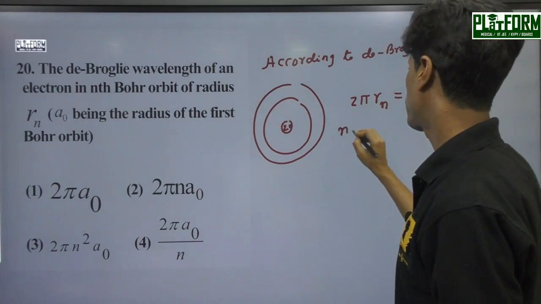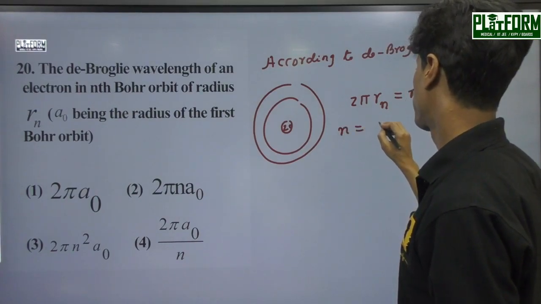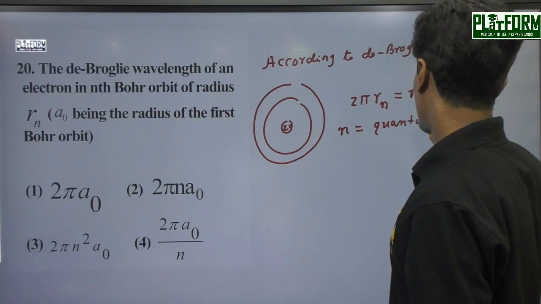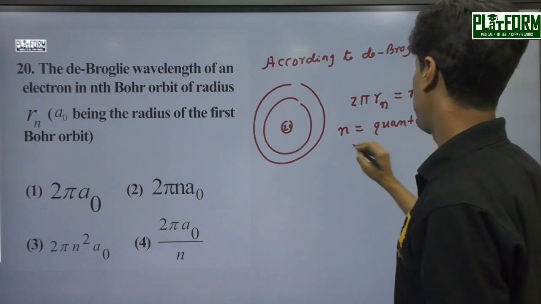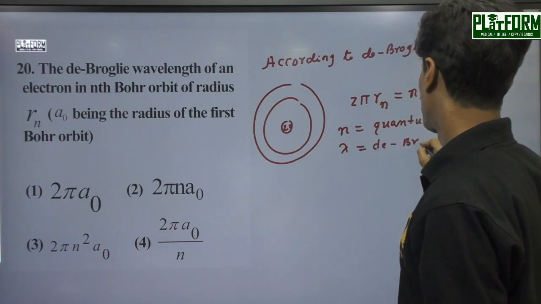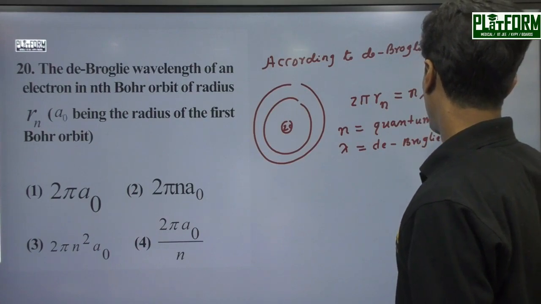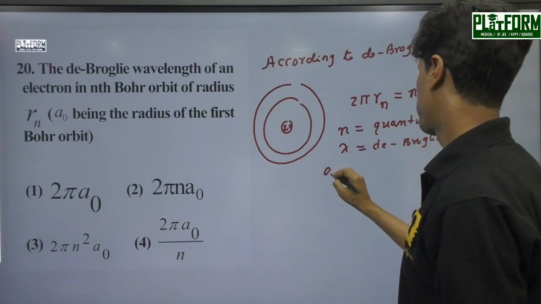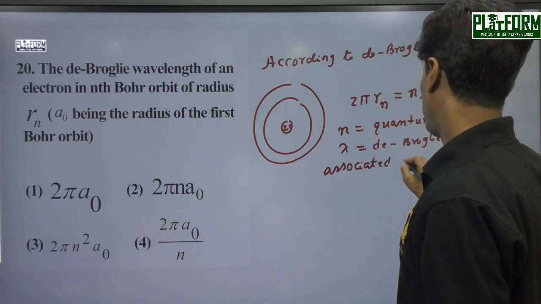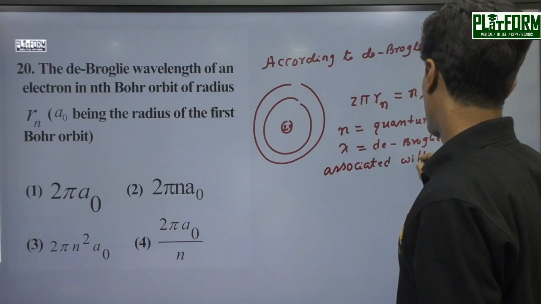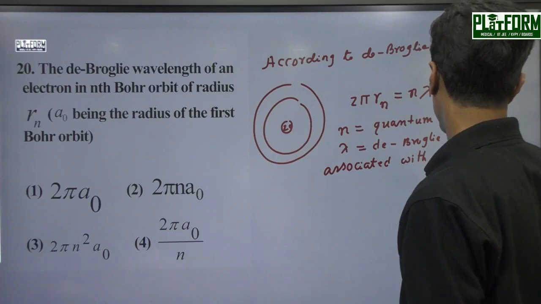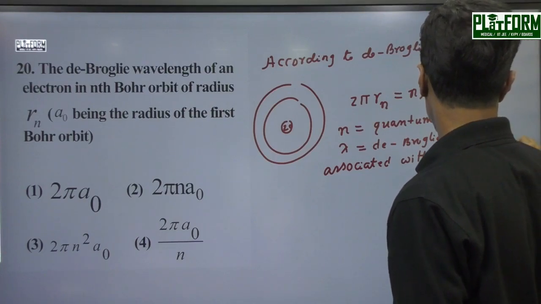Here n is the quantum number, and lambda is the de Broglie wavelength associated with the orbiting electron around the nucleus.